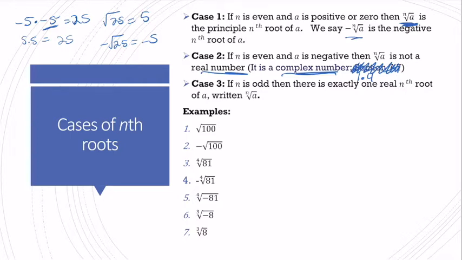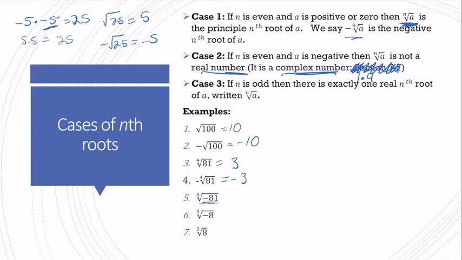So if I want the square root of 100, that's going to be 10. But if I want the negative square root of 100, that is going to be negative 10. If I want the 4th root of 81, that's going to be 3. If I want the negative 4th root of 81, that's going to be negative 3. However, I cannot take the even root of a negative number.